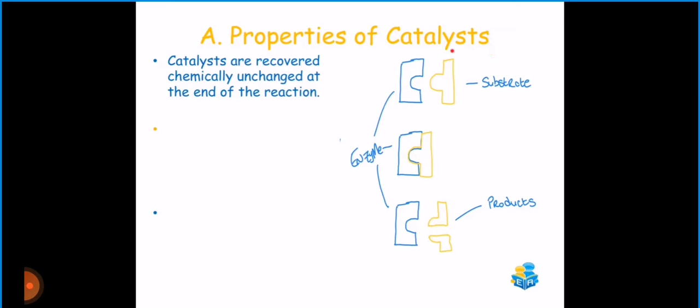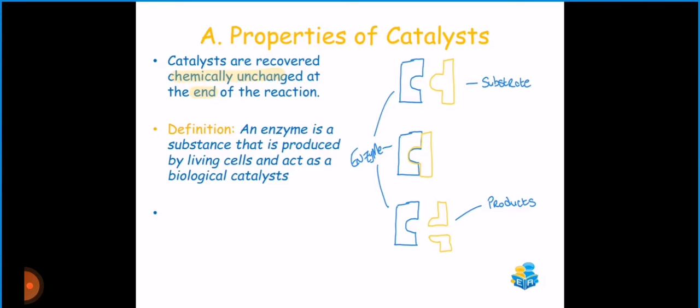So as we can see here along the side, I've developed a diagram showing the properties of a catalyst. And when we have a reaction, catalysts are recovered chemically unchanged at the end of the reaction. And as we can see here on the right hand side, I have enzymes. And an enzyme is a substance that is produced by living things, and it can act as a biological catalyst.